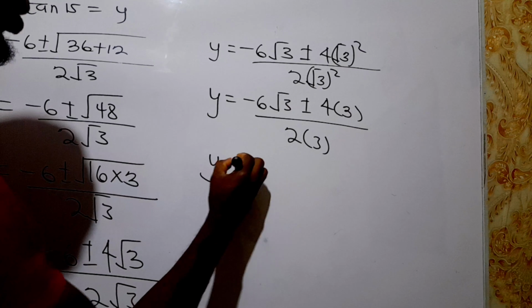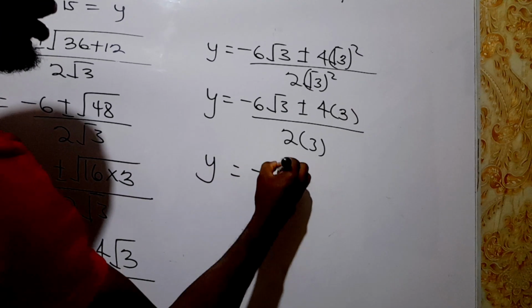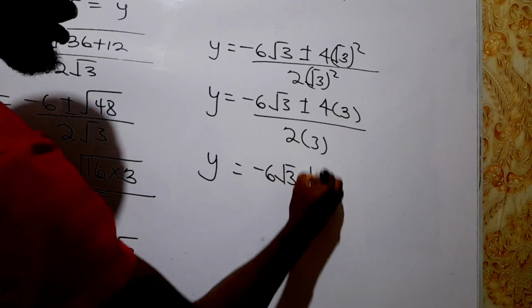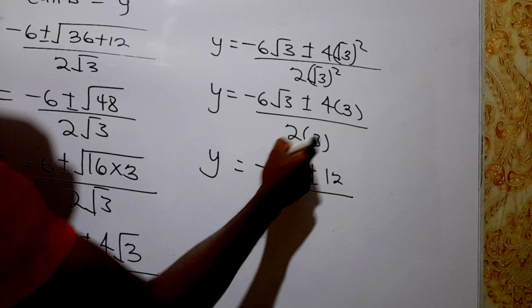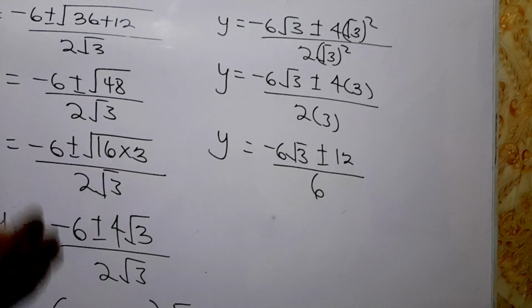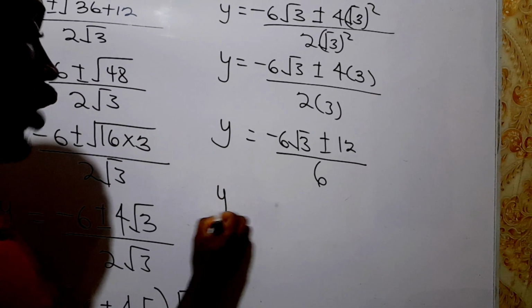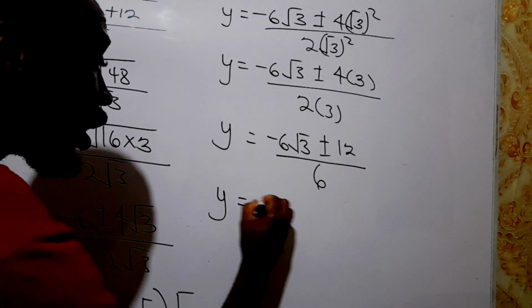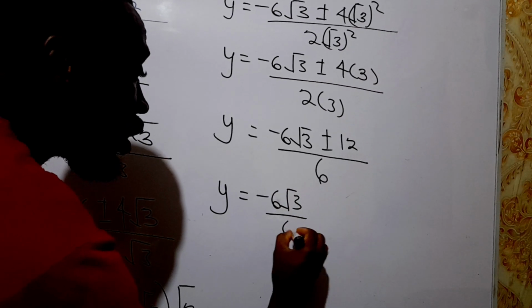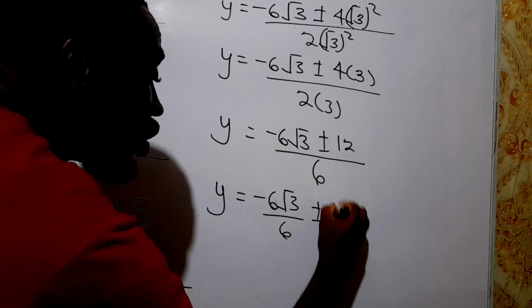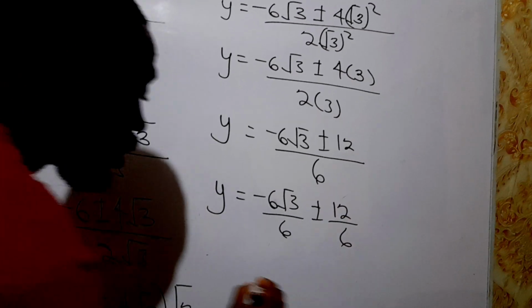So we get y equal to negative 6 root 3 plus or minus 12 over 6. We can split this and get negative 6 root 3 over 6 plus or minus 12 over 6.